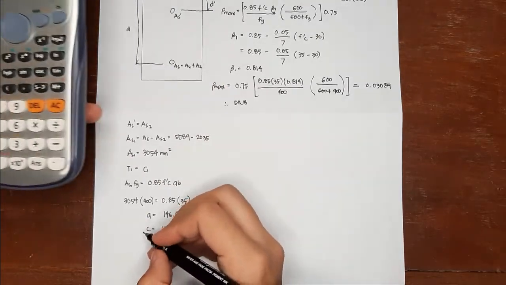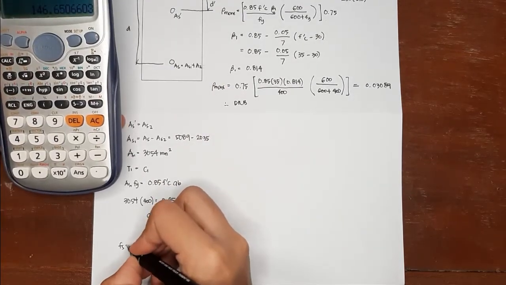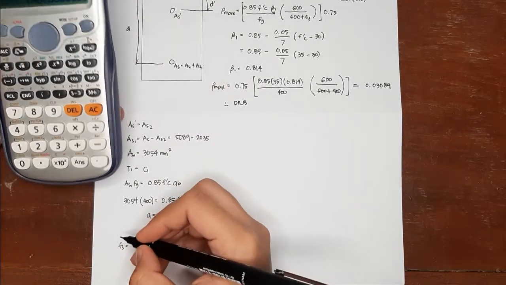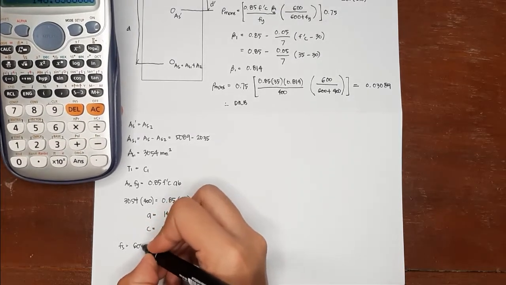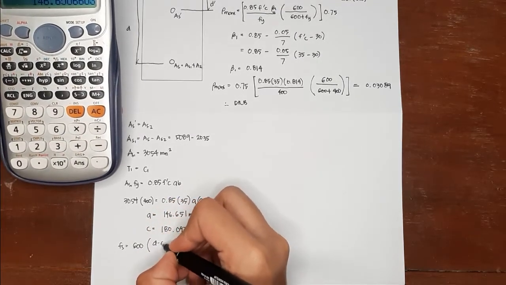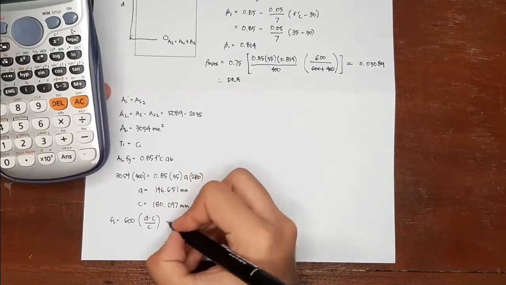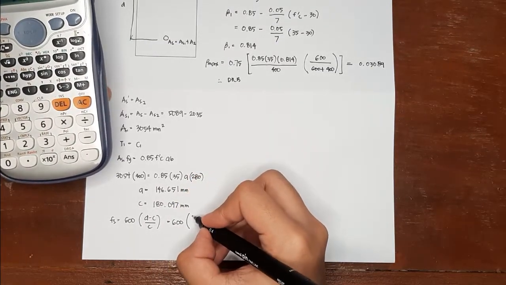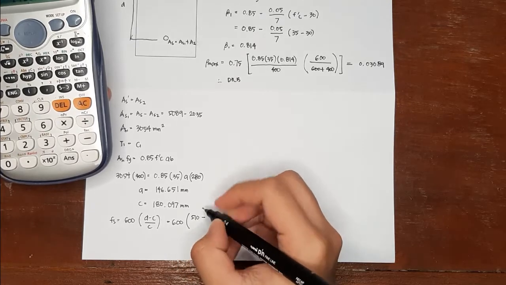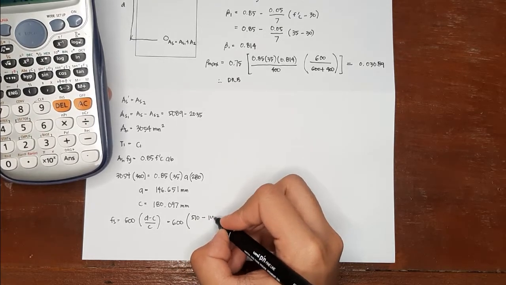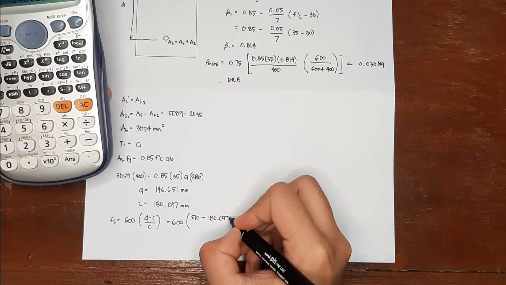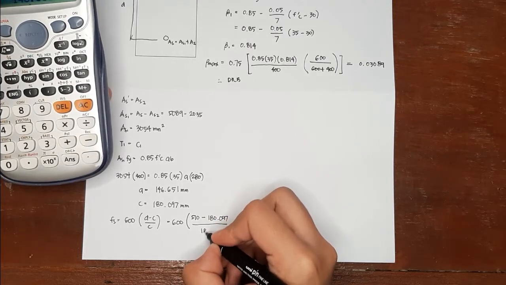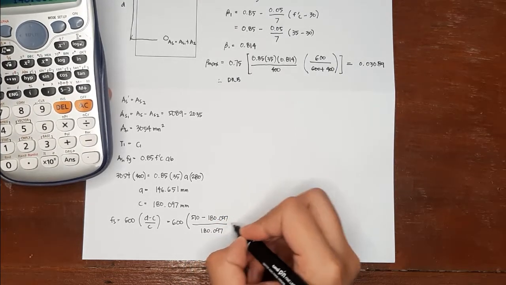Okay, so we will solve for your Fs. Your Fs is equal to 600 times D minus C over C, which is equal to 600 times your D of 510 minus C of 180.097 over 180.097.